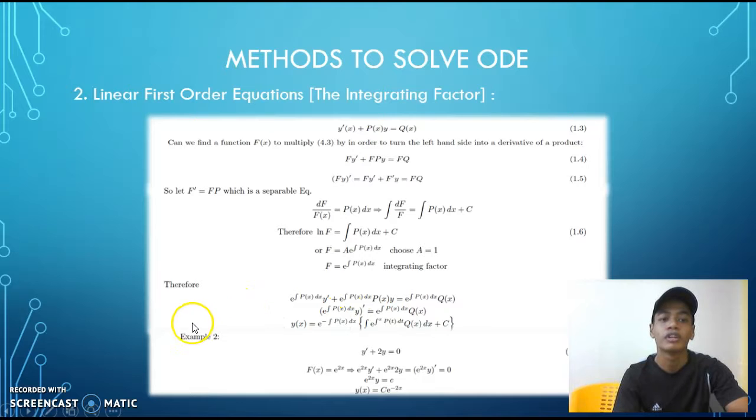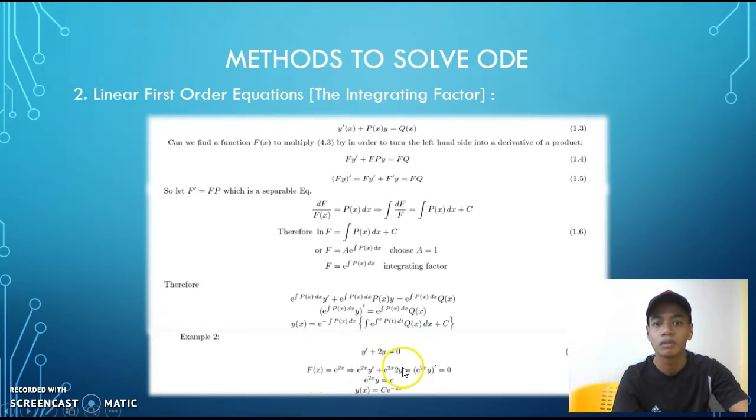So for this method, let's take a look at example 2. y prime plus 2y is equal to 0. We know that 2 is our p(x). So we find the integrating factor f equal to e to the power integral of 2 dx. We get the integrating factor f(x) equal to e to the power 2x.